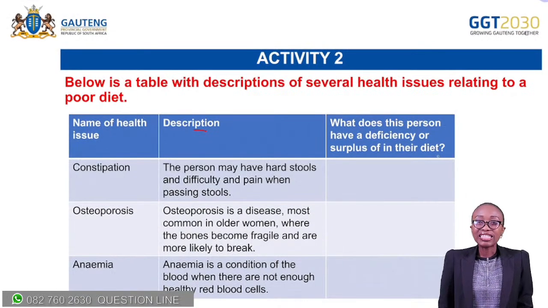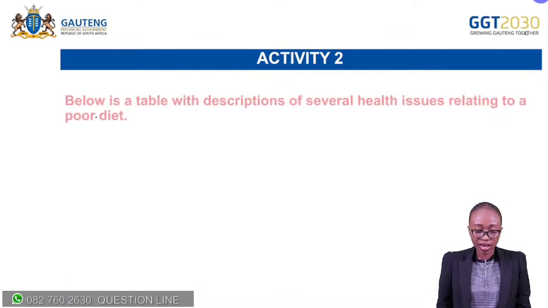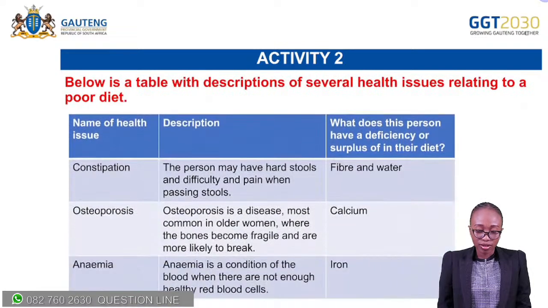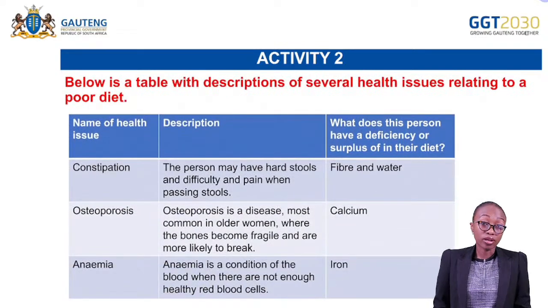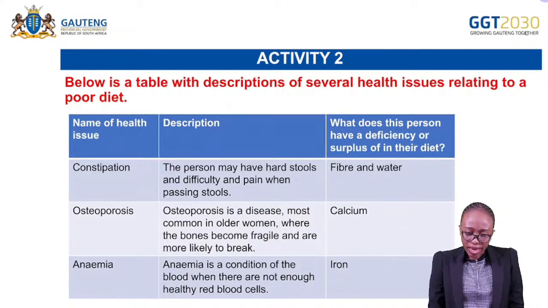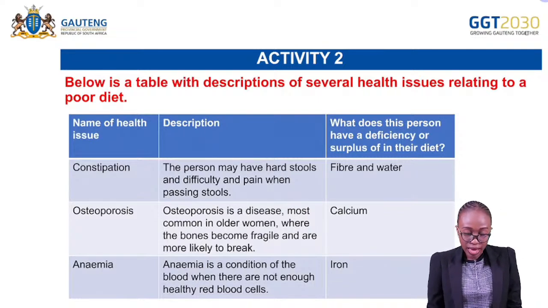Okay, let's do the solutions together. Here's the next slide. So let's start off with health issue number 1, which is constipation. Here's the description of constipation. So the person may have hard stools and have difficulty and pain when passing stools.